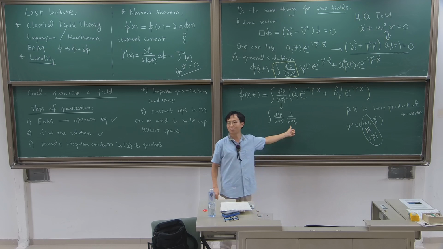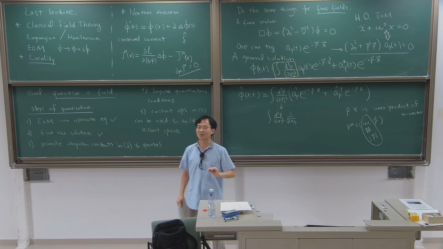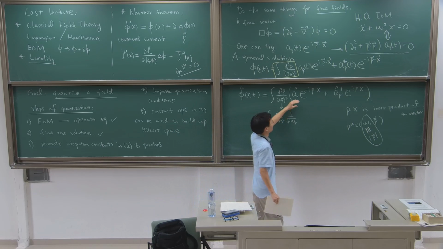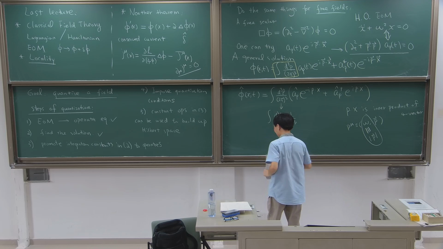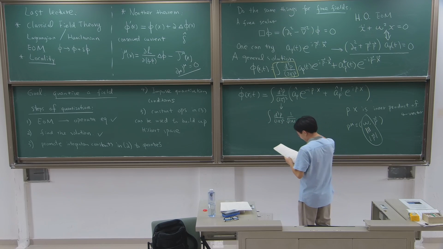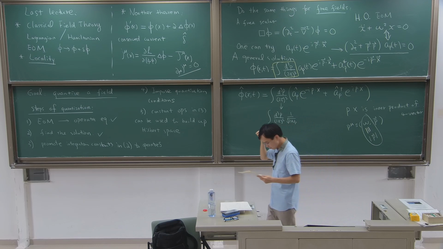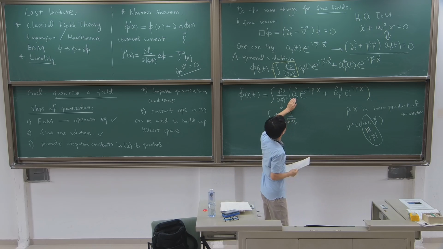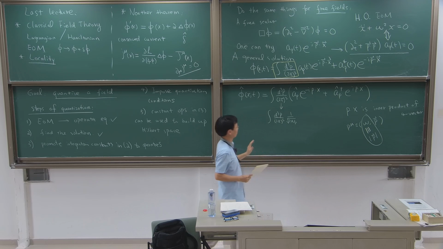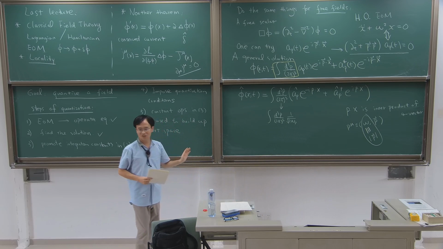This is just some function, a number coefficient. It doesn't really matter for the operator properties. That's a small comment. Now, what else? Nothing else, right? We're basically done. Now, just except for the A_p hat and A_p dagger hat operators. It's finished.